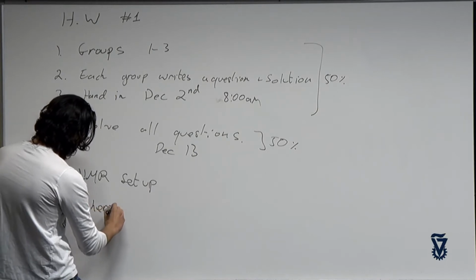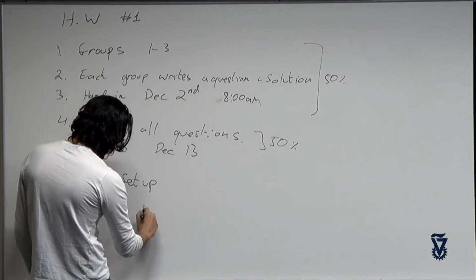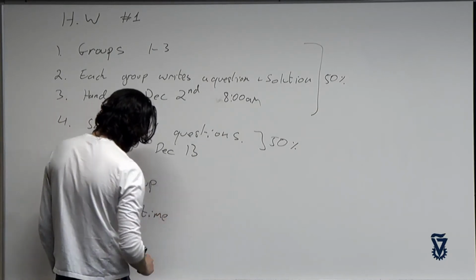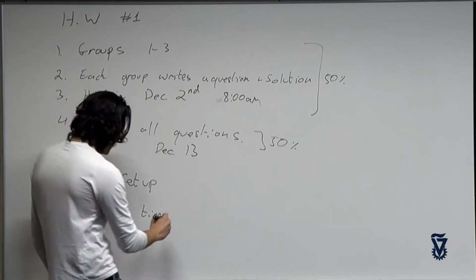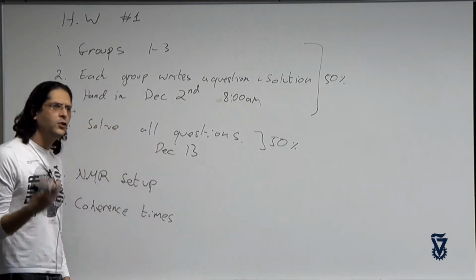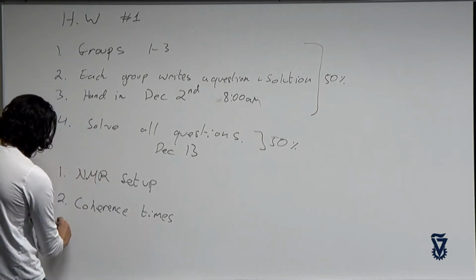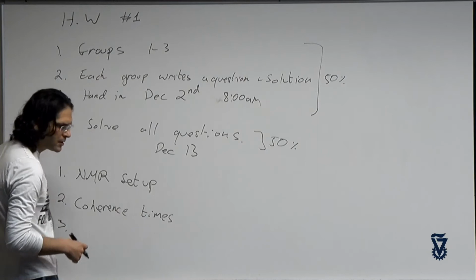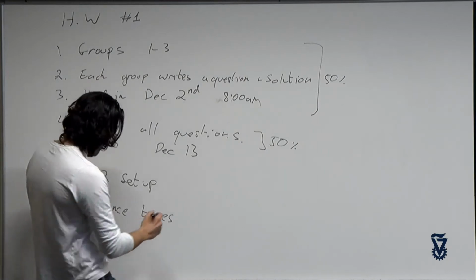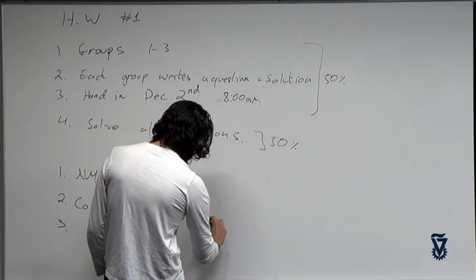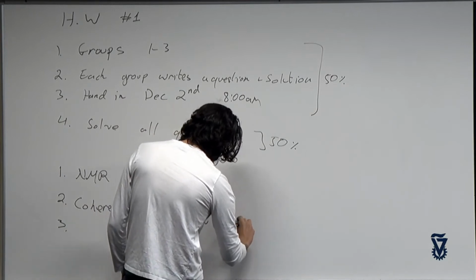After I finish explaining what an NMR setup looks like, and you'll understand how to use it, we'll discuss coherence times. So those are the finite lifetime and the dephasing time of the nuclear spins. We'll discuss what coherence times mean and how they are measured.